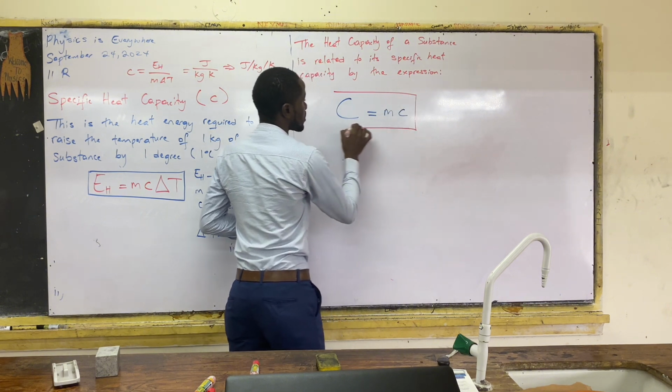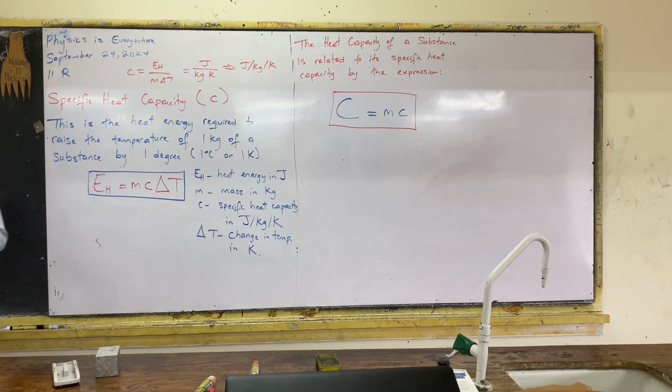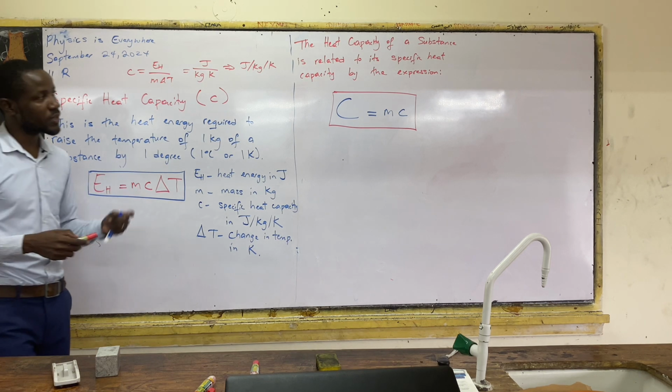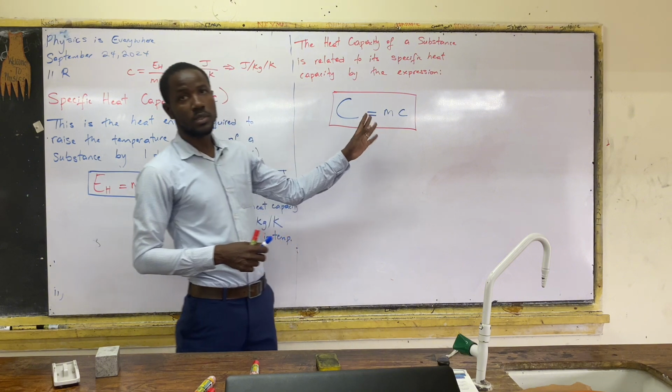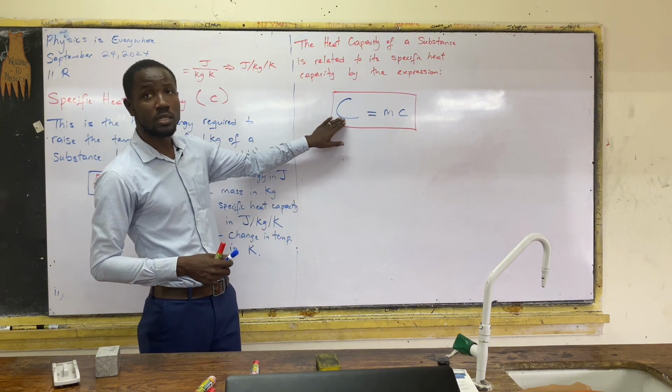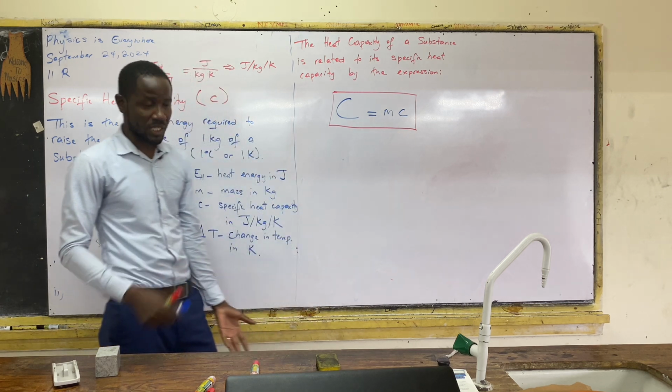This formula relates the heat capacity of a substance to its specific heat capacity. We get C is equal to m times c, where this C is for heat capacity, and this c is for your specific heat capacity.